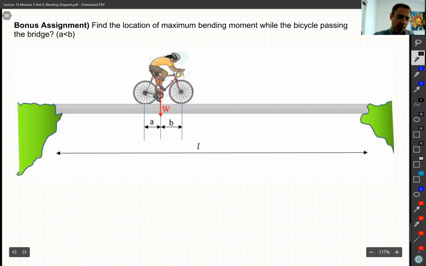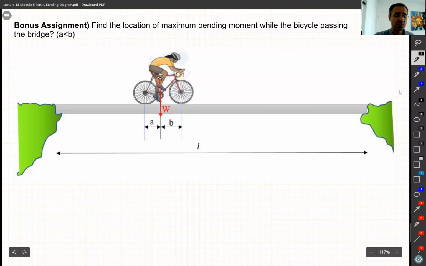His weight is W, and we have A, B, and L. These are the only parameters that we know. So this W is not in the middle, right? The center of gravity of this bicycle and this person is at point G, and W is at distances A and B. And also we know that A is smaller than B. That's all we know. And we want to find out the maximum bending moment while this bicycle is moving along this bridge, right?